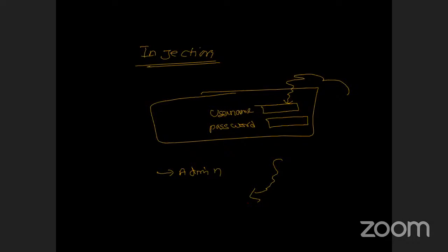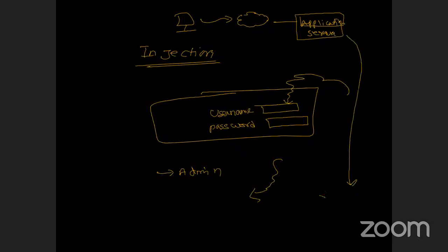And to perform SQL injection, an attacker only needs to modify some part of the query string. Okay, before that, let me tell you what SQL is. So when a person is accessing an application, let us say this is your application server, and this application server is storing and retrieving some data from the database.